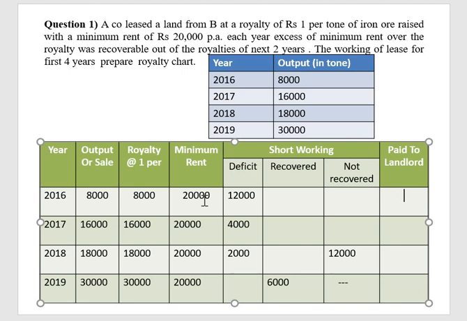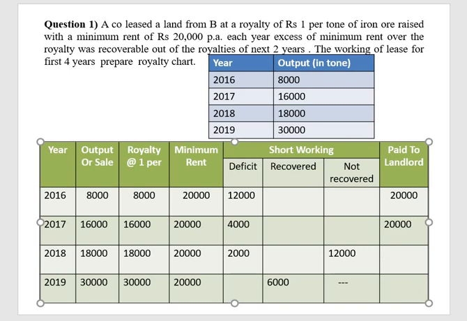Right now 8,000 is the royalty. Royalty is less than minimum rent, so whatever the minimum rent is, 20,000, will be paid to the landlord. In the second case also, royalty is less than the minimum rent, so again the minimum rent will be paid to the landlord.